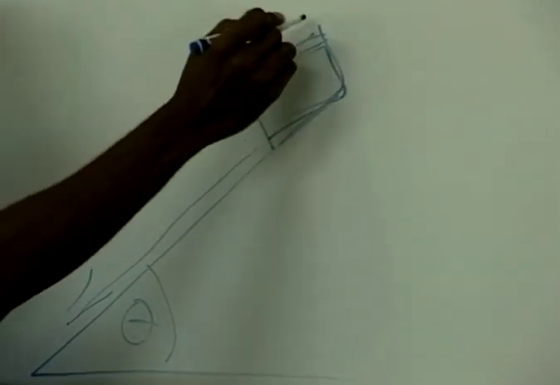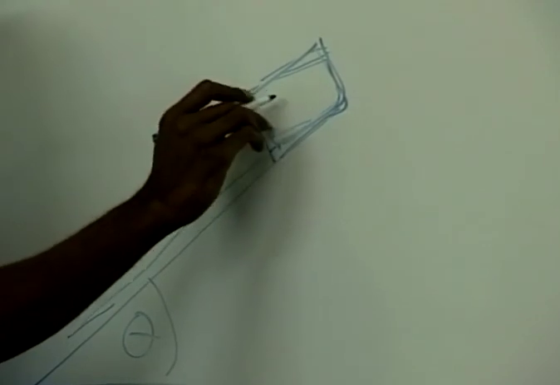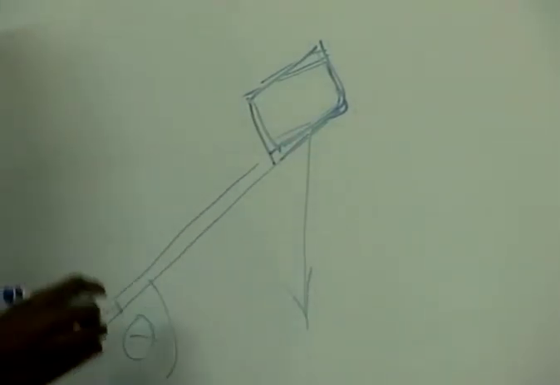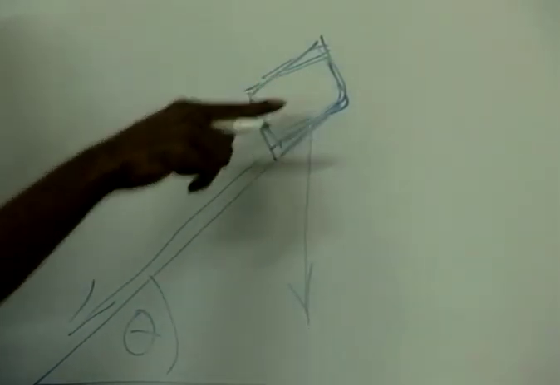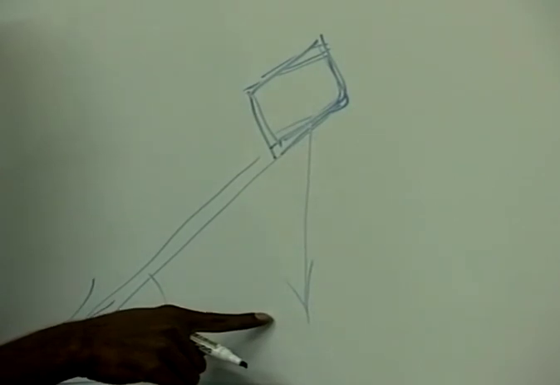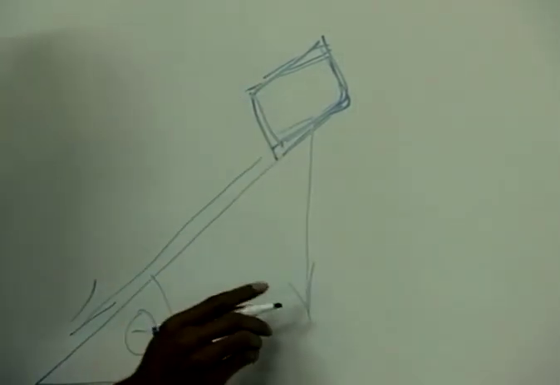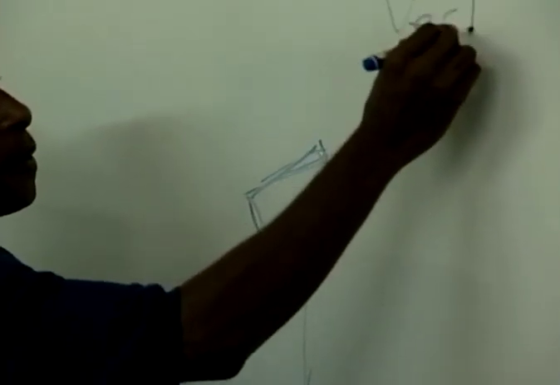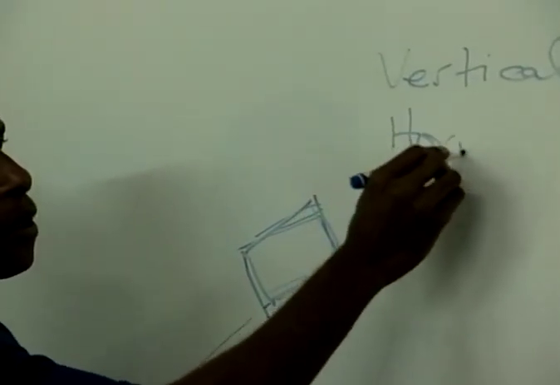Just imagine this crate or box up here. There is always a vertical component acting on this, and that is the weight of the object or the box. So we can resolve this into two components, the vertical component and the horizontal.